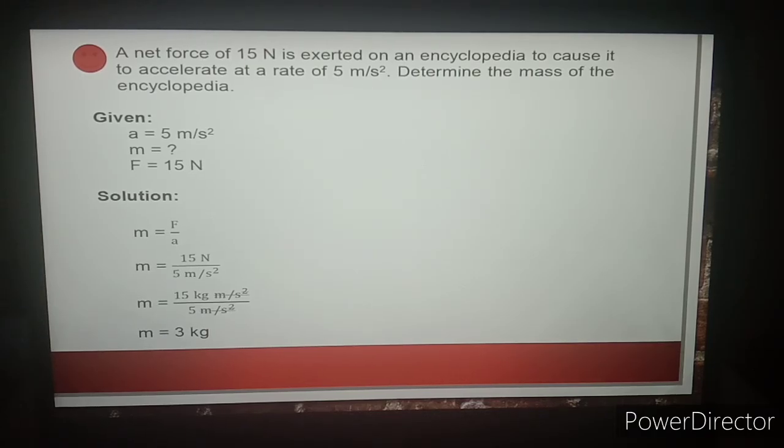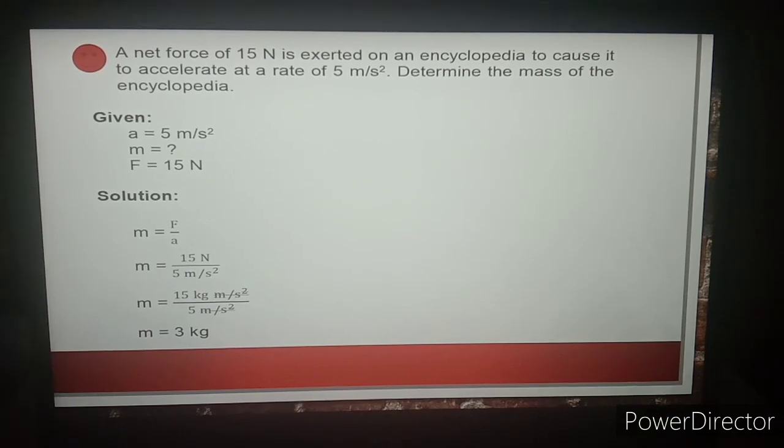Just like on the 3 word problems that I have given to you, na nandiyan din naman po sa pamphlet ninyo, the system being used there is MKS. Nakadepende sa isang word problem kung ano yung system na magagamit diyan. Depende sa given values natin, kung sa force, mass, or acceleration man yan.